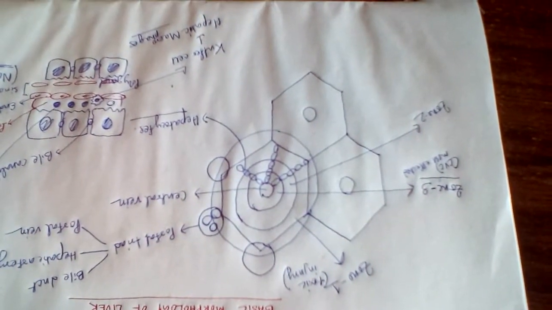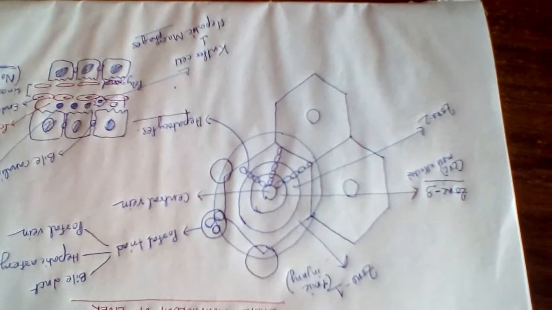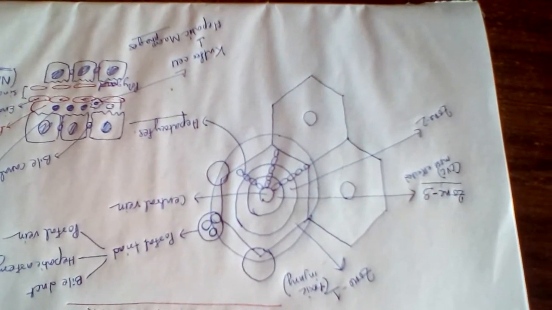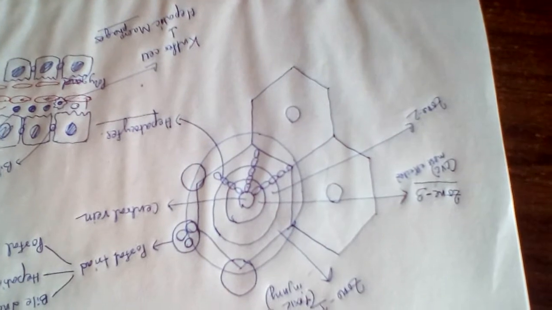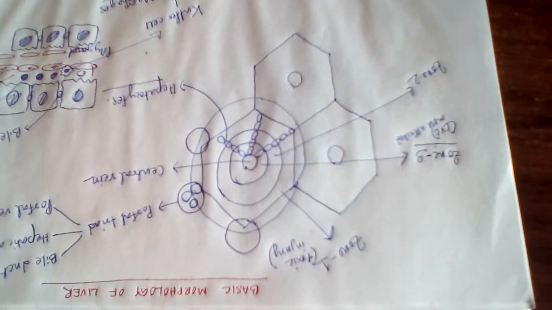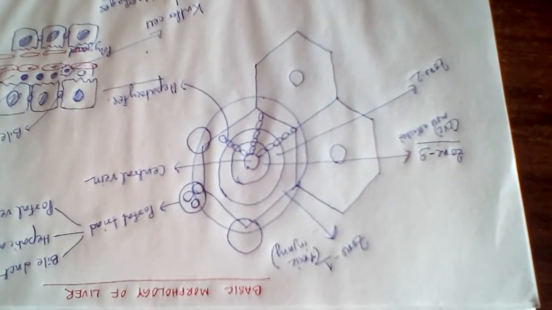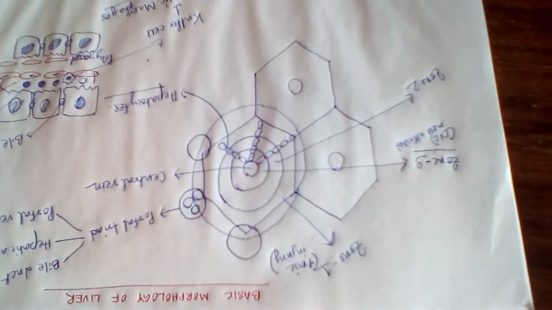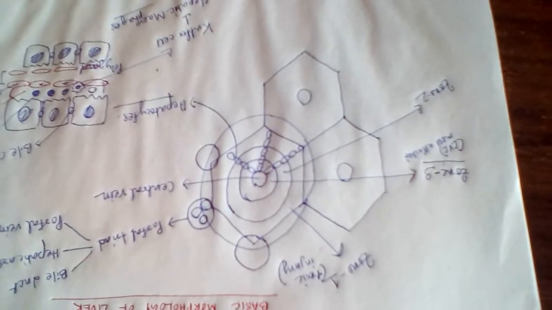So this will affect the periportal area, meaning zone 1. So remember that zone 3 is going to be affected in any kind of venous congestion or lack of blood supply, and zone 1 is affected in any kind of toxic injury. So here lies the importance of all these zones.